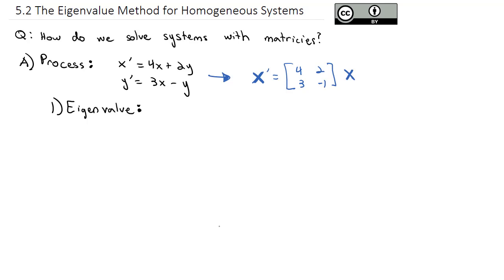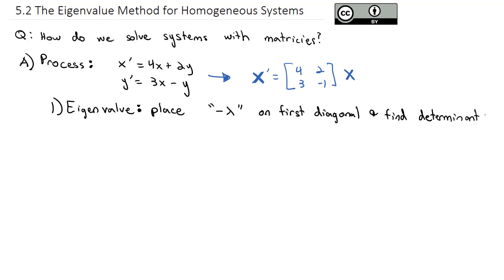For those of you that haven't taken linear algebra, eigenvalues are a special value related to a square matrix. And we're going to find those eigenvalues by placing a minus lambda on the first diagonal and find when the determinant is equal to 0.